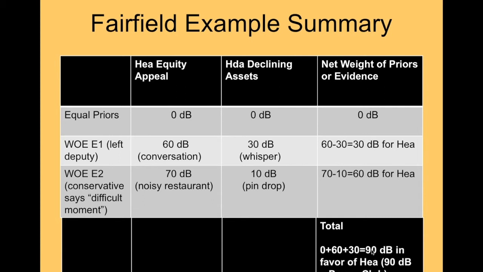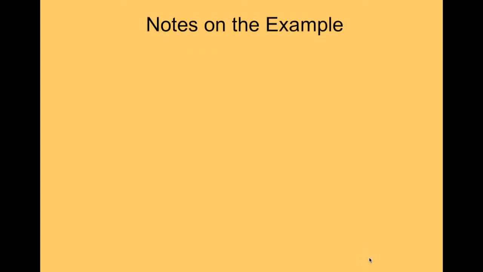So here the prior is 0, the net weight of evidence is 90, and so our posterior is 90 decibels, or very strong evidence in favor of the equity appeal.